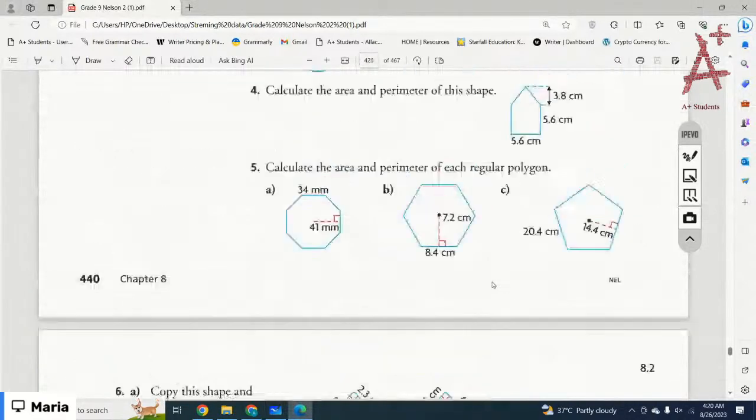Calculate the area and perimeter of regular polygons, right? Let's just start with question number 5, A. That is 1, 2, 3, 4, 5, 6, 7, 8 sides. That means that is an octagon, right?